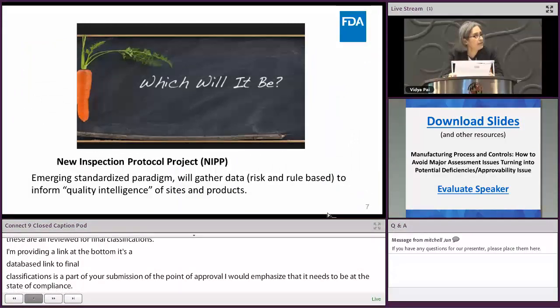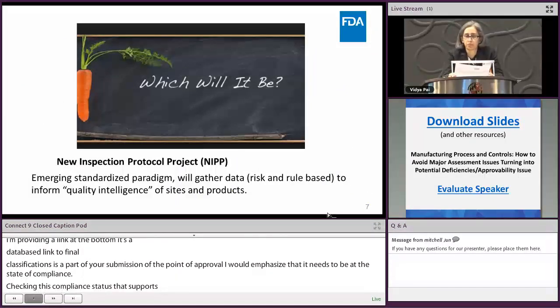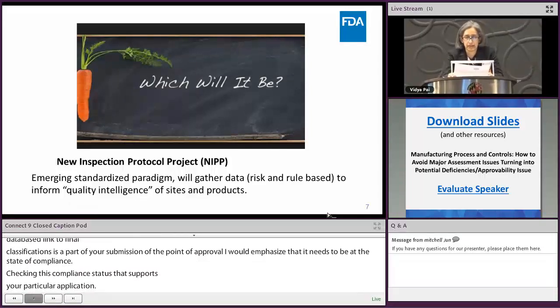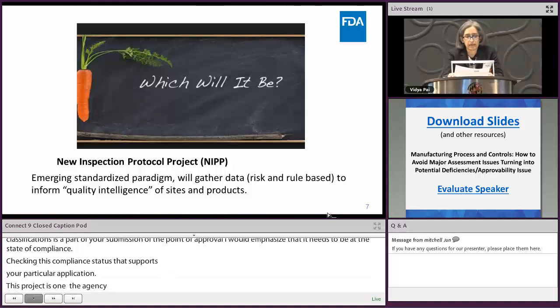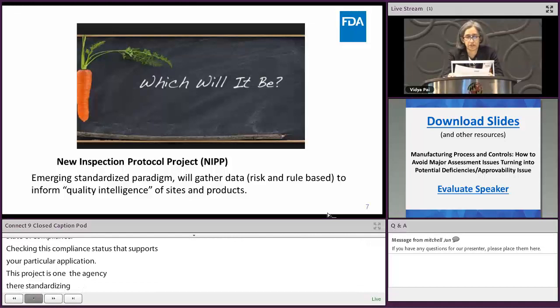I wanted to put a plug in here for the new inspection protocol project, the NIP project. This is a project that the agency is taking on at this point. As you know, we continuously try to improve our inspection approaches. The NIP is one such example. The key changes really are from our end. They're standardizing the inspectional coverage and attempting to deploy a risk and rule-based process using expert questions, with an intent to inform us about the quality intelligence of sites with regards to their operations and products.